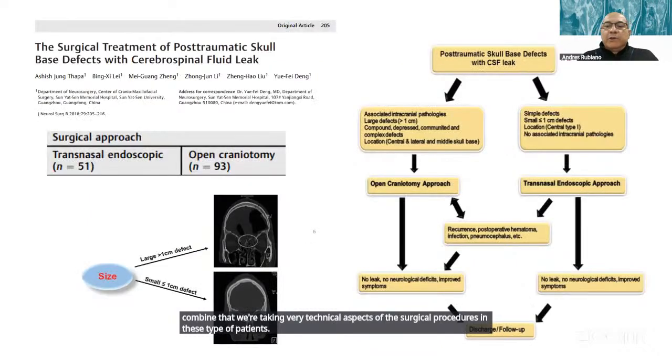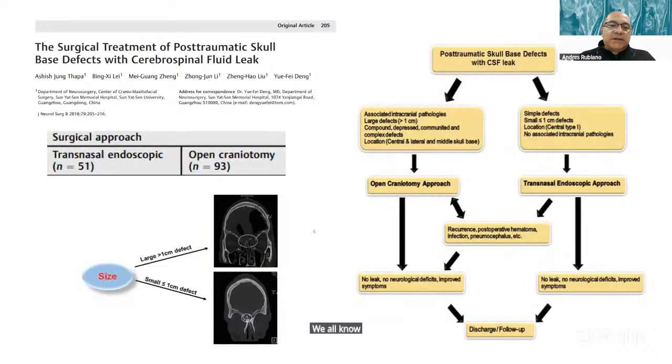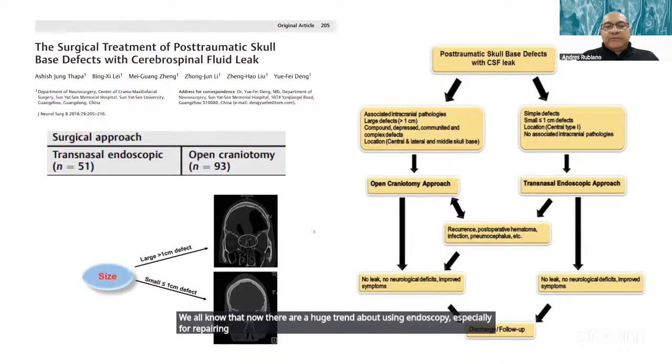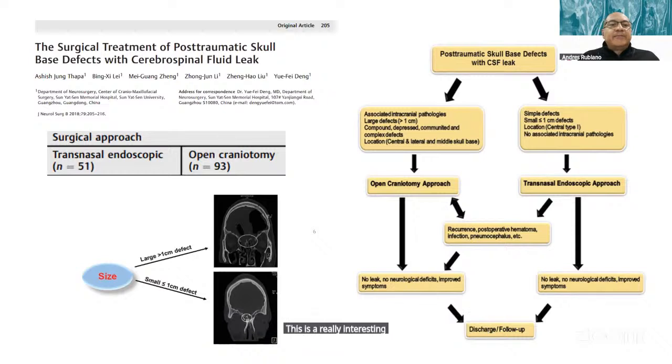We all know that now there is a huge trend about using endoscopy, especially for repairing CSF defects and also for cranial reconstruction, mostly in children, but also in adults. This is a really interesting study, also from China, comparing open craniotomy with transnasal endoscopy for surgical repair of CSF leaks.